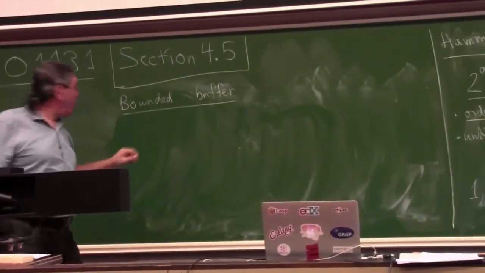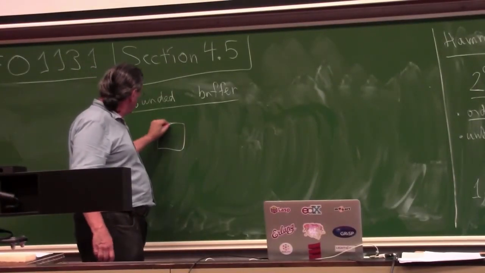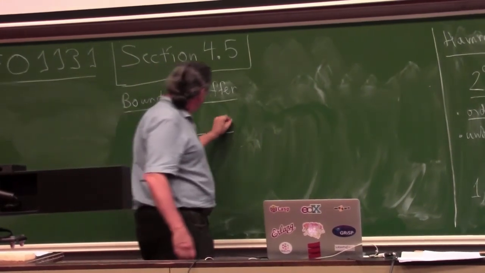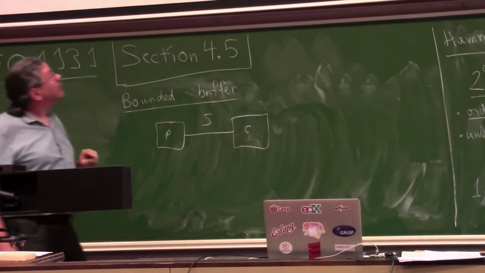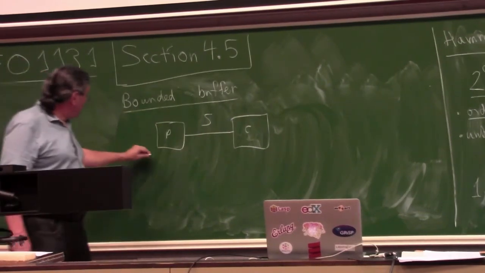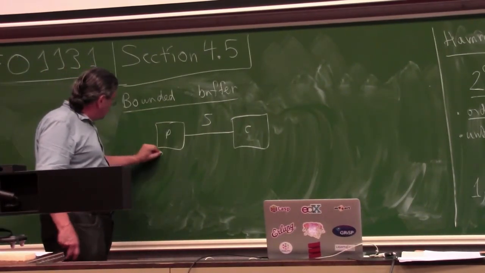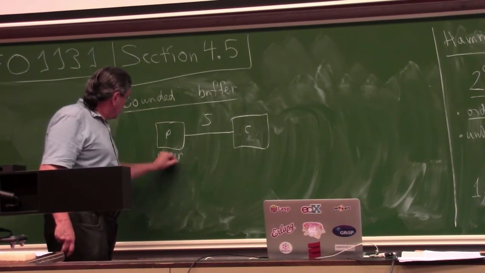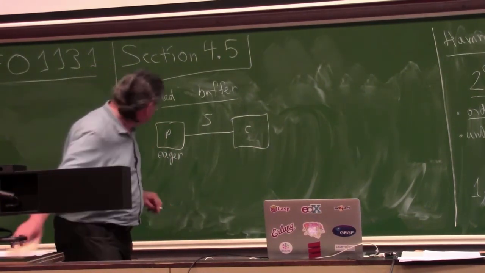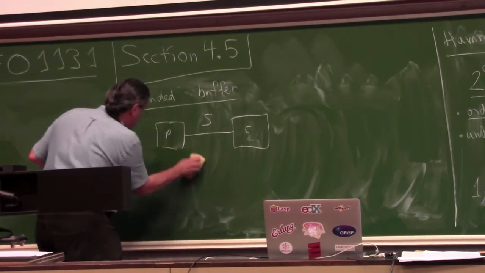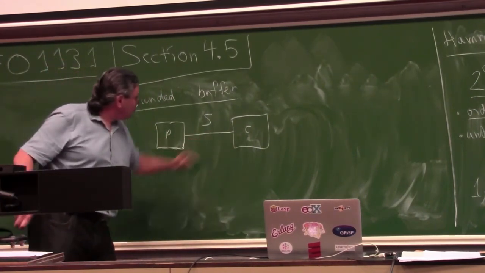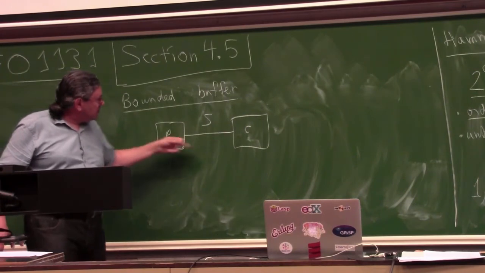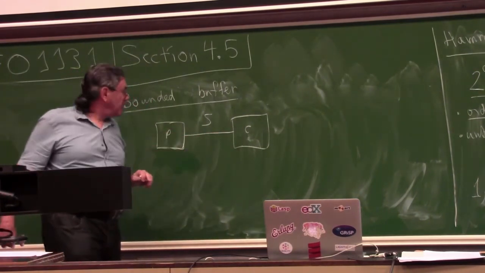So remember, we have our producer-consumer, and there's a stream in there. The producer, assume that it's eager. It's a producer-consumer, and the producer produces elements, and the consumer asks for elements.